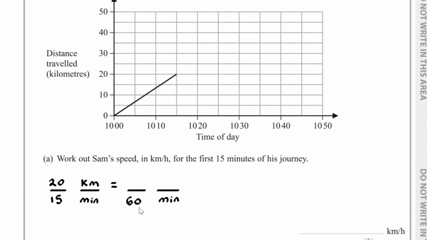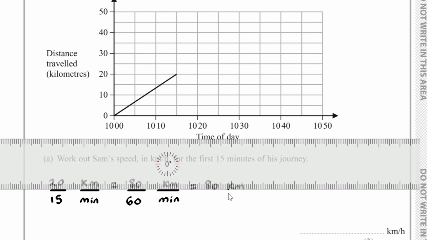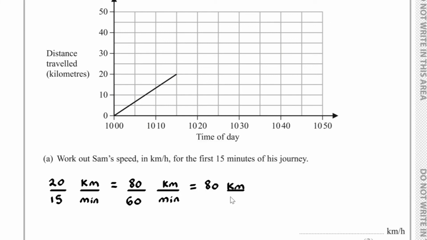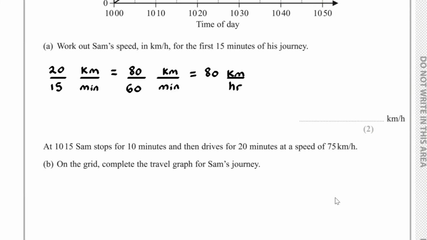And from 15 to 60, I times by 4. So 20 times by 4 is 80. So we have 80 kilometres done in 60 minutes at this constant rate, which is the same as 80 kilometres per hour. So we have 80 kilometres per hour.